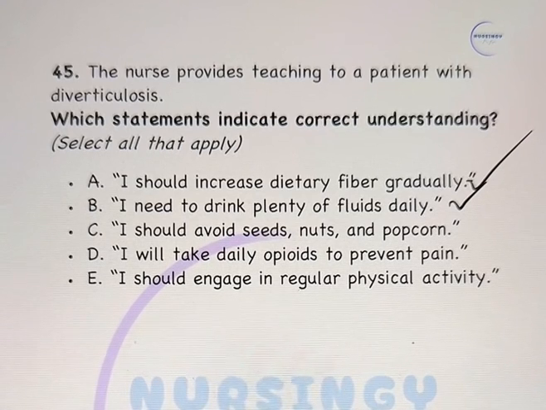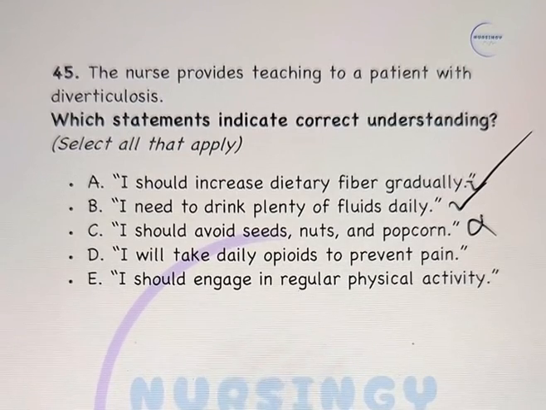I should avoid seeds, nuts, and popcorn. Is there any indication? No, because we don't have any indication that these seeds, nuts, and popcorn can cause diverticulitis. What about D? I will take daily opioid to prevent pain.